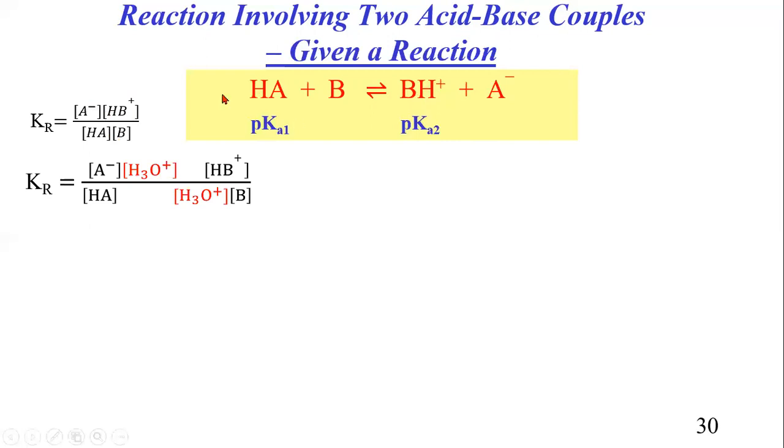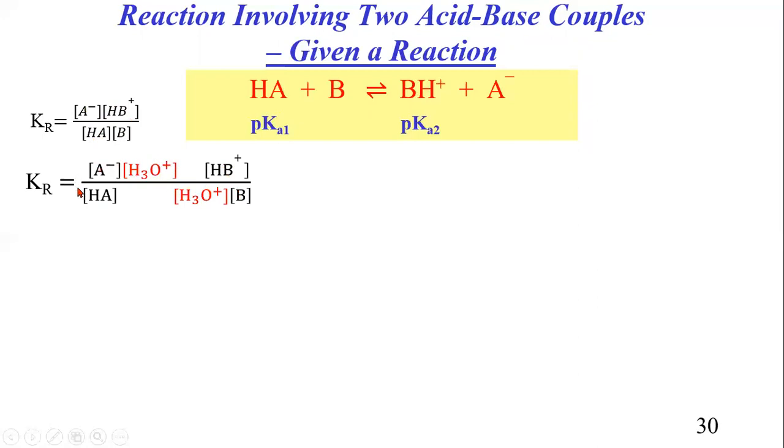Okay, so let's do a modification slightly. We multiply top and bottom for this Kr by H3O plus, so it's like multiplying it by 1, so it doesn't affect it. And then put all the couples separated from each other. So HA and A minus is separated now from the BH plus and B couple.